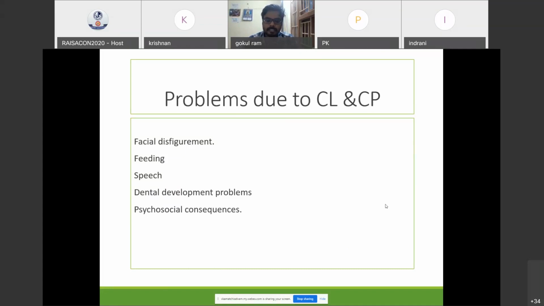So, what are the problems you expect in a newborn baby with a cleft lip? A newborn baby with the anomalies, and the patient might have a respiratory difficulty immediately after the birth. No, no, Dr. Gokul, just go slow. What is the problem you expect in a newborn baby with a cleft lip for the baby?